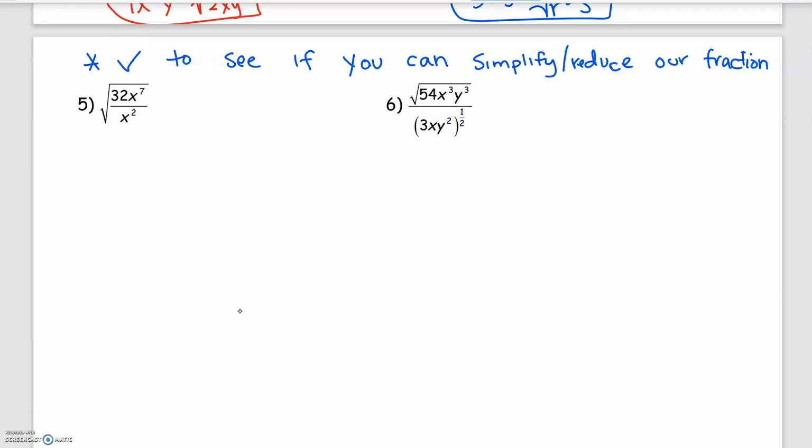So 32 can't simplify, but x to the 7th over x to the 2nd can subtract. So we'll simplify the coefficients and then subtract the exponents.